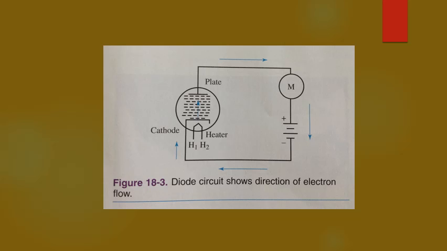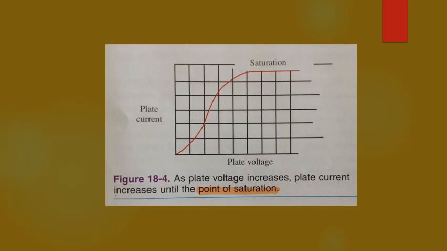The plate can be made more positive by applying a higher voltage. A greater number of electrons are attracted, and there is an increase in current. Figure 18-4 shows the increase in current as a result of an increase in plate voltage. At some point, as voltage is increased, all the emitted electrons will be attracted to the plate. Any further increase in voltage will not increase the current. This is called the saturation point of the electron tube.